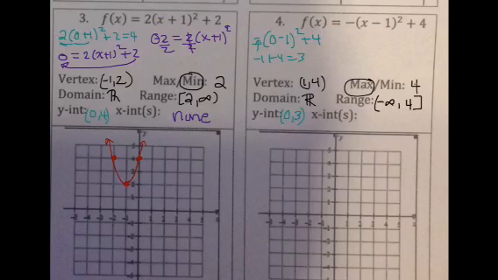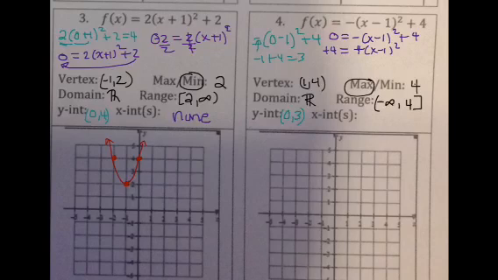The x-intercept, replace the f of x with a 0, so that's 0 equals negative. Now at first glance you might think, oh, it's the same as number 3, because when I move the 4 over I end up with a negative 4, right? But remember, notice the a value is negative, so I'm going to divide by negative 1 first, so this becomes positive right there.